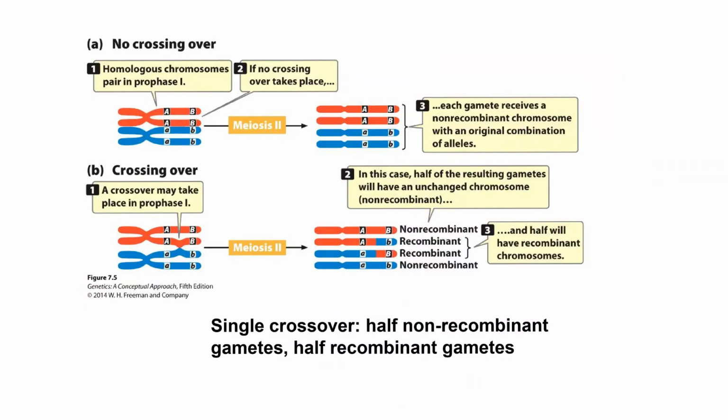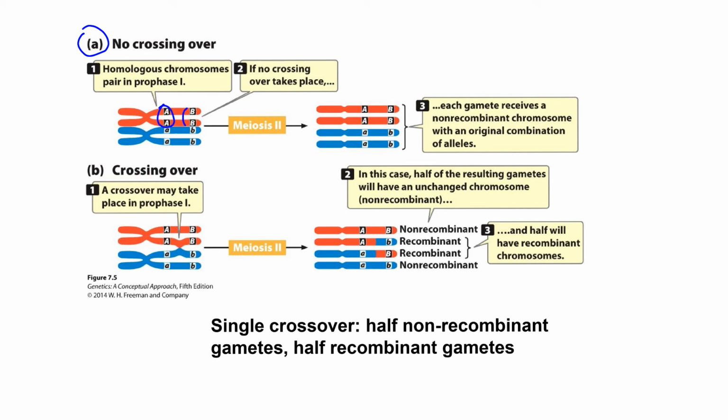We will first consider the situation in which two genes are completely linked, so no crossing over takes place. If you have genes A and B, like here, consider that they are located on the same chromosome, and we have a homolog pair, one from father and one from mother.